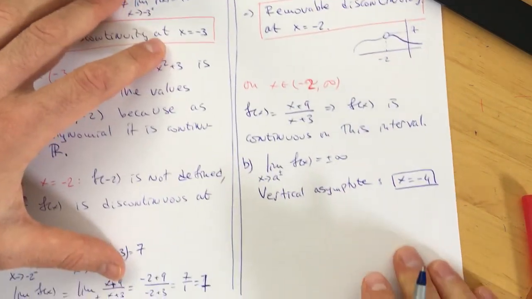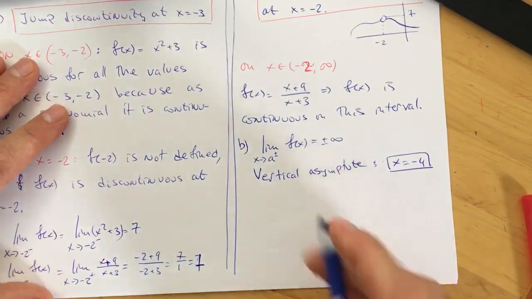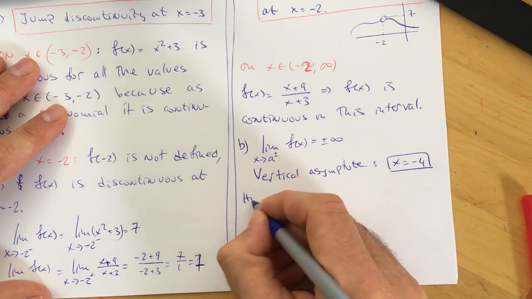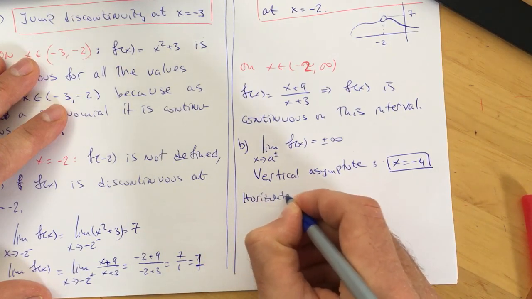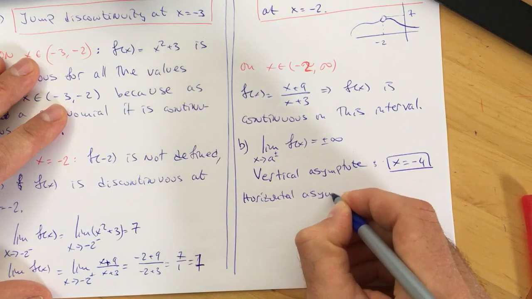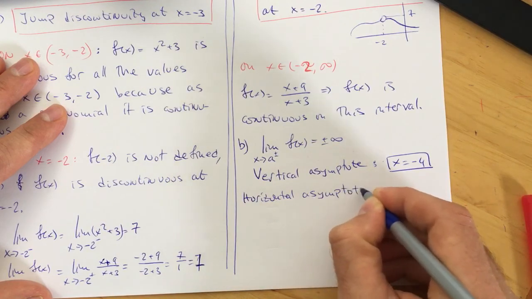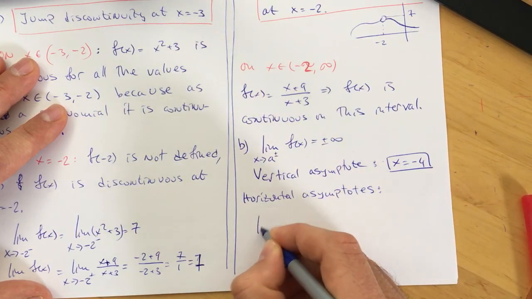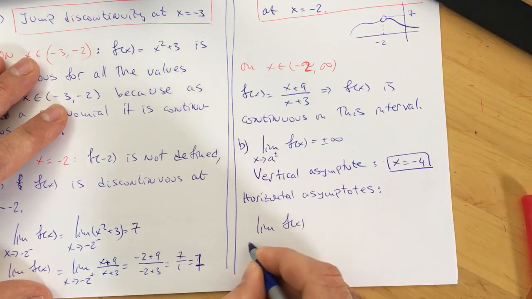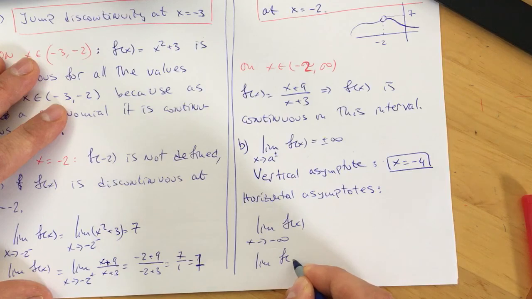Now in order to answer the horizontal asymptotes, we have to check the behavior of the function at negative infinity and the behavior of the function at positive infinity.